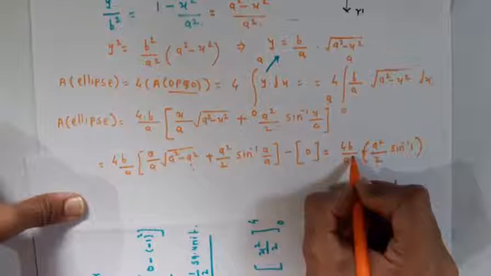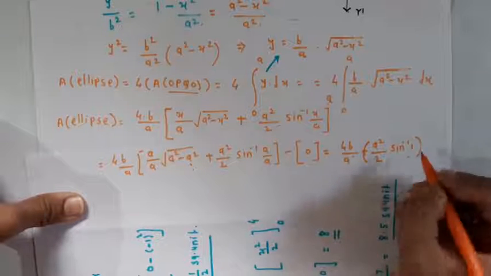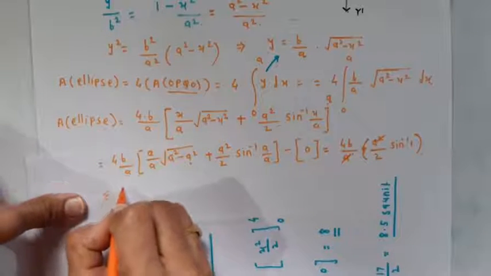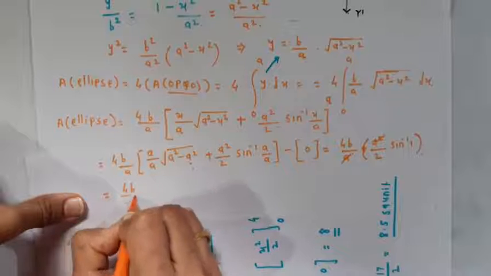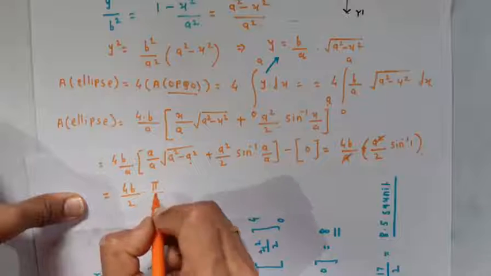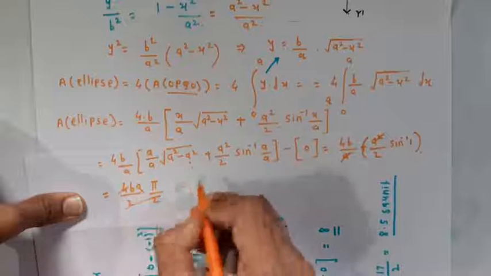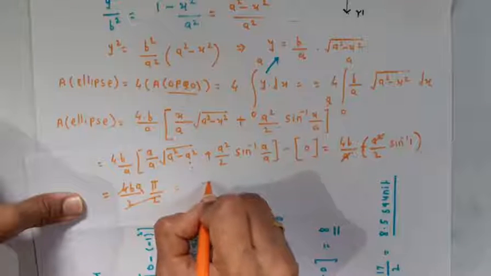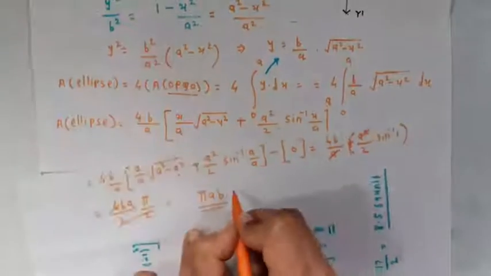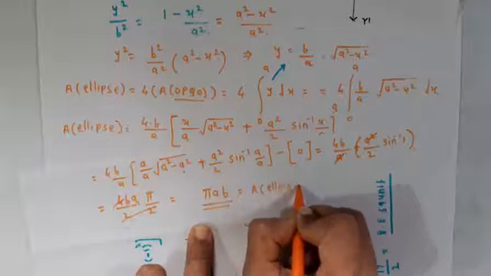So a cancels, and we get 4b upon 2 into pi by 2 into a square upon a. The 4 cancels, and the area of the ellipse is pi a b.